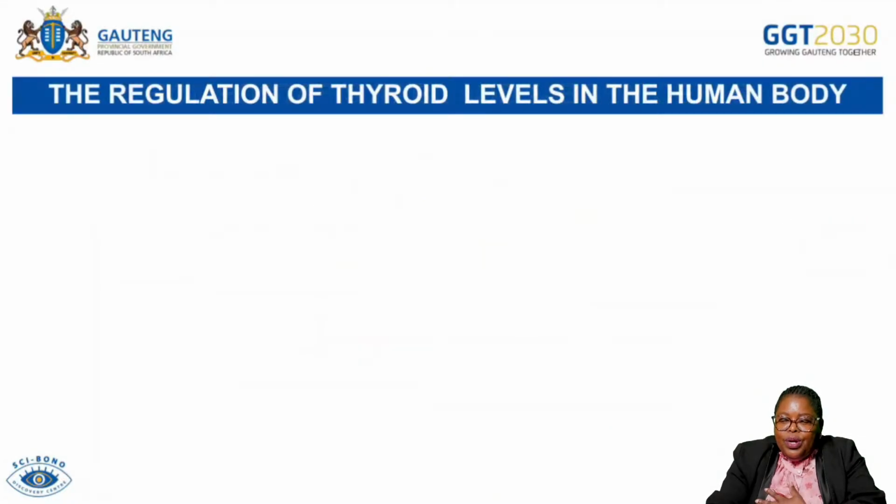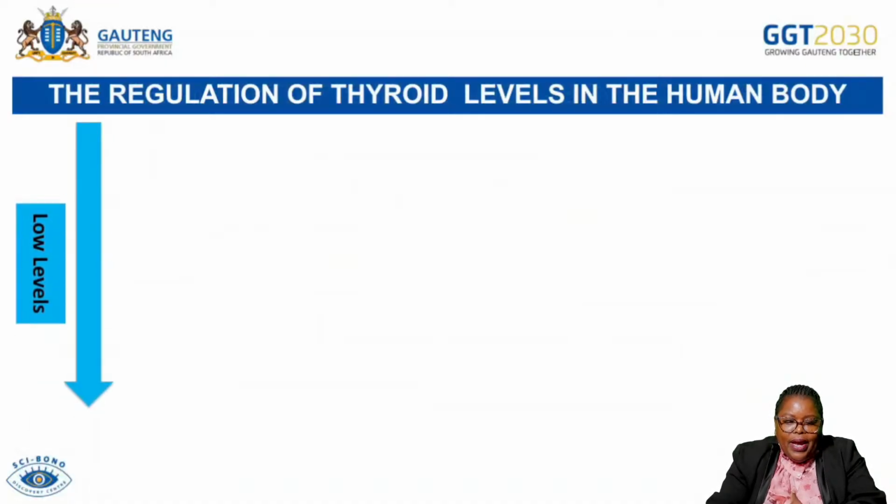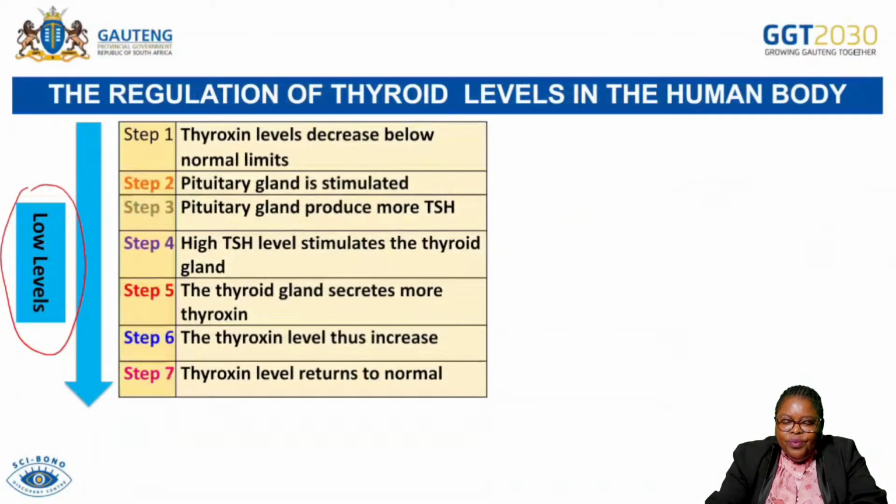Okay, now we're going to look at the regulation of the thyroid levels in the human body. So what will happen if we've got low levels of the thyroxine? When the thyroxine levels decrease, or are low, what is going to happen?